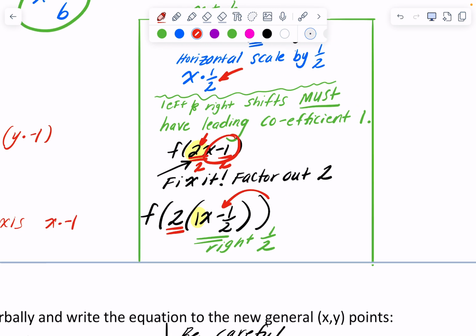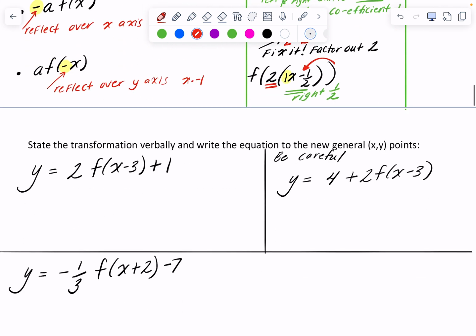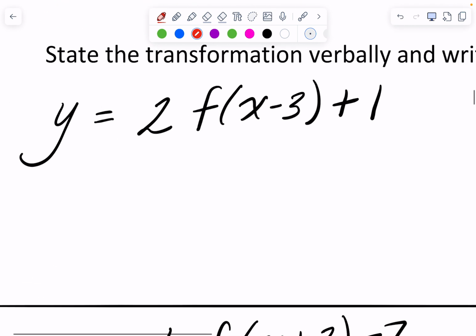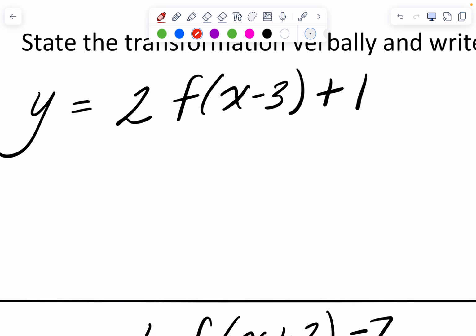Okay, so let's just practice this now. State the transformation and write an equation to all x, y points with the shift. So right here, let's verbalize to make sure we've got it down. You have to be specific because there's a horizontal and there's a vertical. So we'd say vertical stretch of 2.